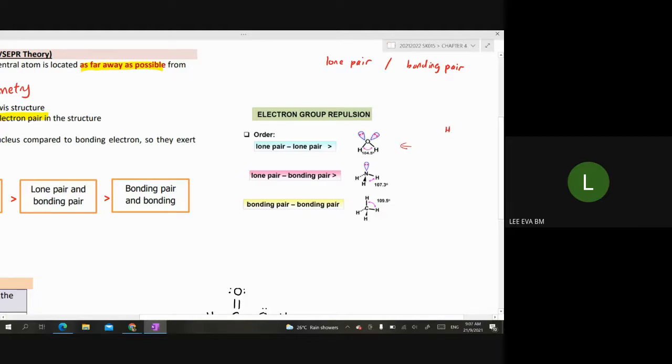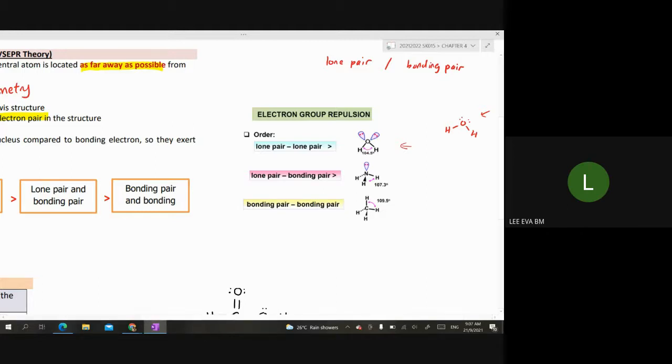Biasanya kita lukis H2O macam ni saja kan. Sebenarnya lone pair ini dia macam satu cloud. Dia besar sikit. So this one is your lone pair. Ni ataupun ni adalah lone pair. Cuma lukisan dia berbeza. Biasanya awak lukis macam ni dah boleh. Tak perlu lukis macam ada satu droplet macam ni. Tak perlu lukis ini saja. Okay, lukis yang biasa, lone pair biasa saja.